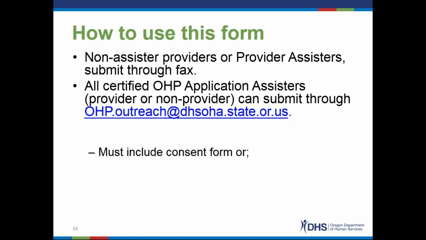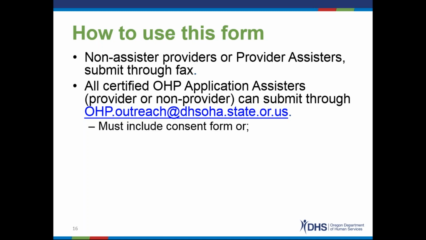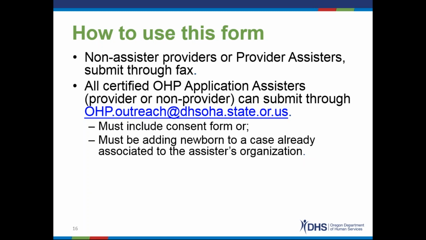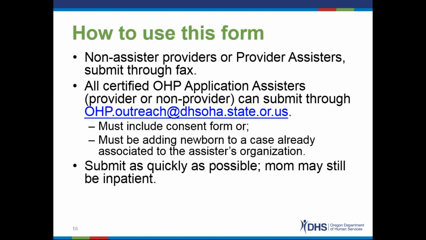But if this is the route that you're taking, you must include a consent form or have already had this household associated to your Oregon eligibility accounts, meaning you already had a consent form on file for this household. We encourage anyone who is assisting with this form to submit it as quickly as possible, and it is okay if mom is still inpatient at that time.